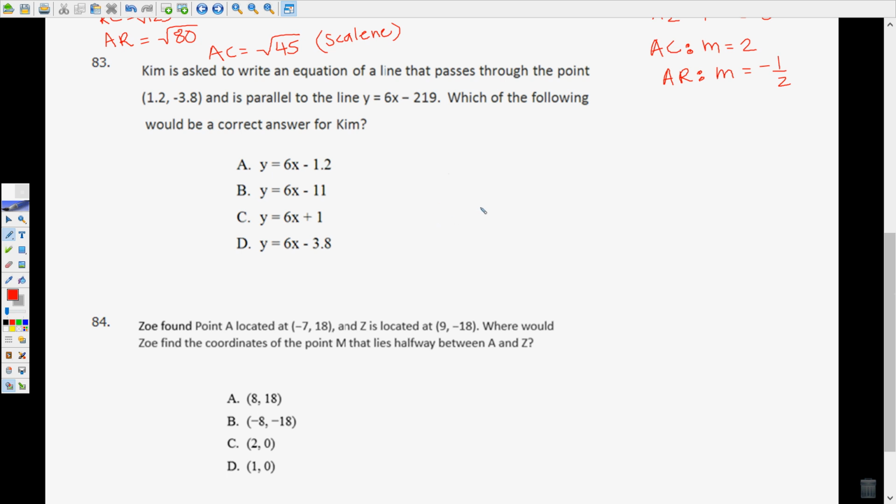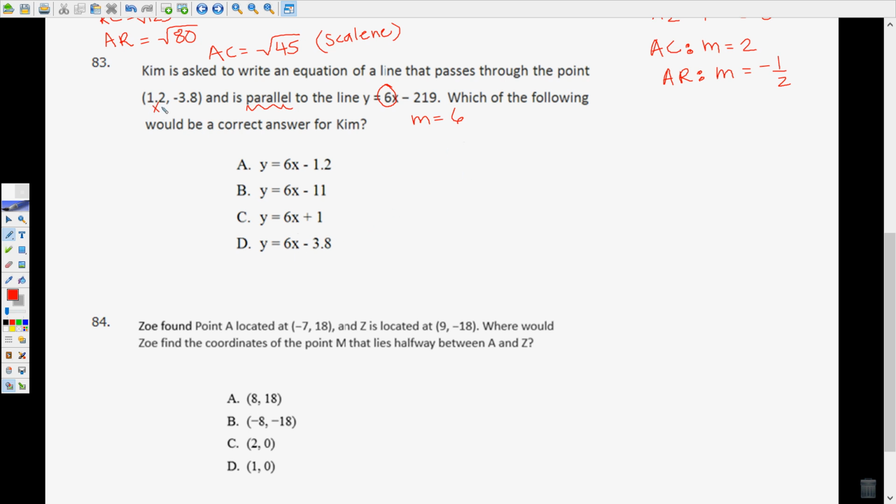All right. Kim is asked to write an equation of a line that passes through the point and is parallel. So this one is just like number 81, but instead of perpendicular, we're talking parallel, which means the slopes are equal to each other. So we're working with a slope that is 6. All of these have a slope that is 6, so you can't eliminate any of these.